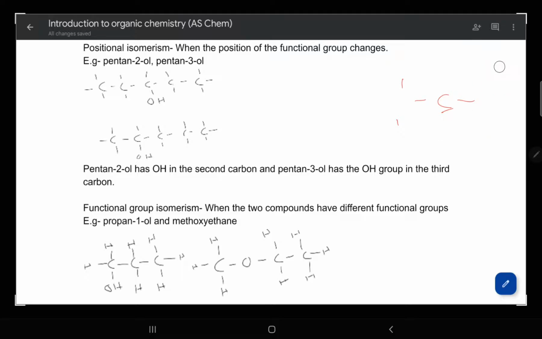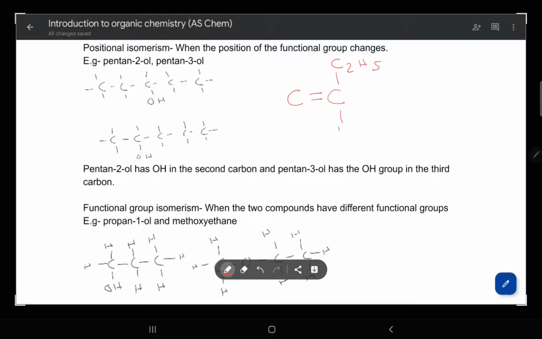So if I change things around even further, imagine a scenario where we have carbon, double bond, carbon. We have something like this. We have C2H5 and hydrogen on one side, and C3H7 and hydrogen on the other. How am I going to name this?